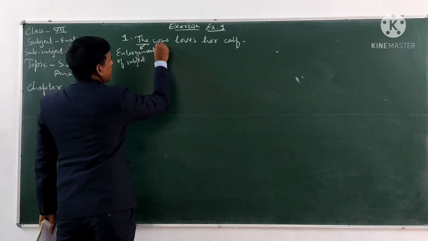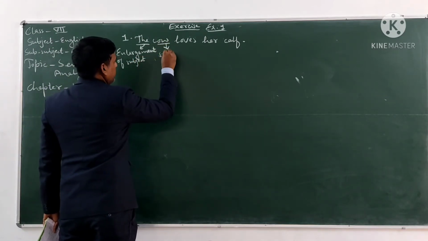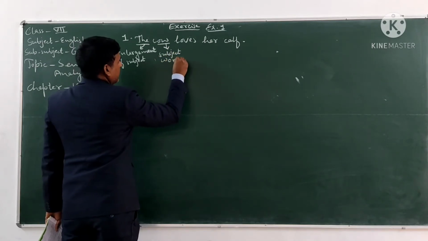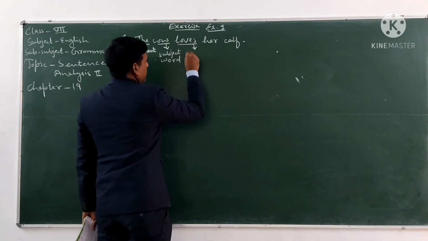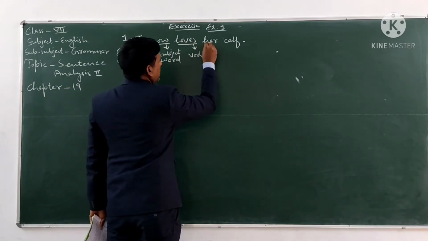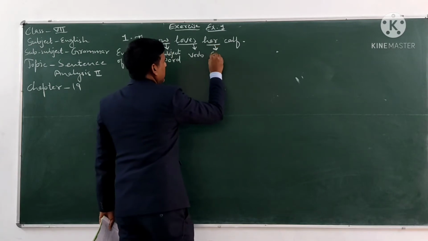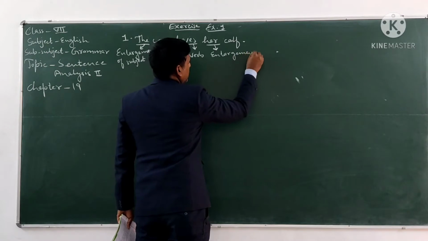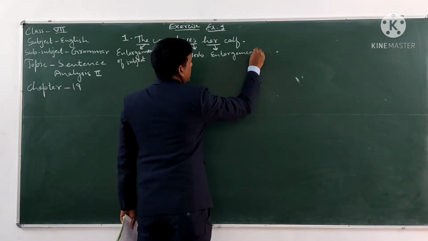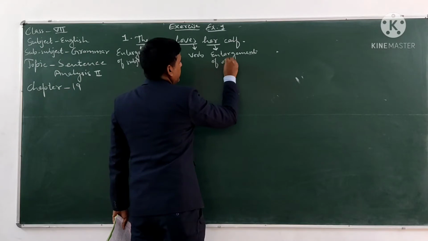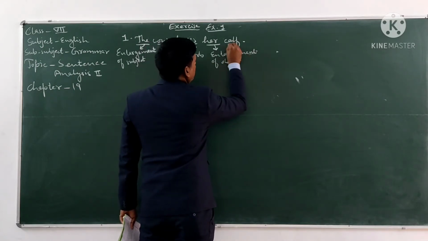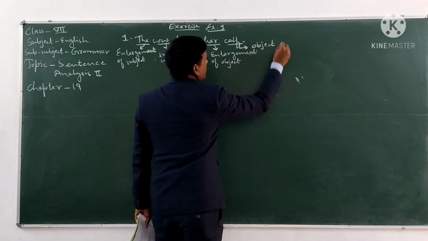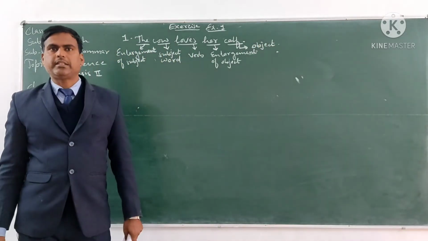Cow is the subject word, and loves is the verb. Her is the enlargement of object, and calf is the object. So this is the analysis of this sentence.